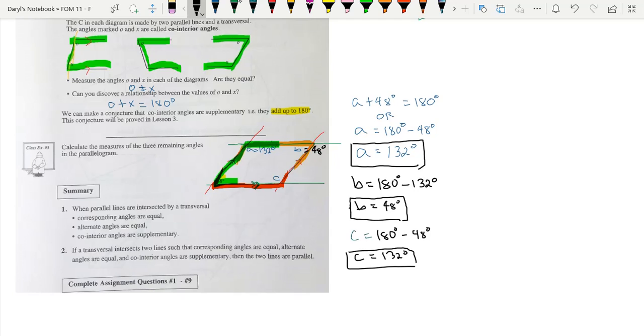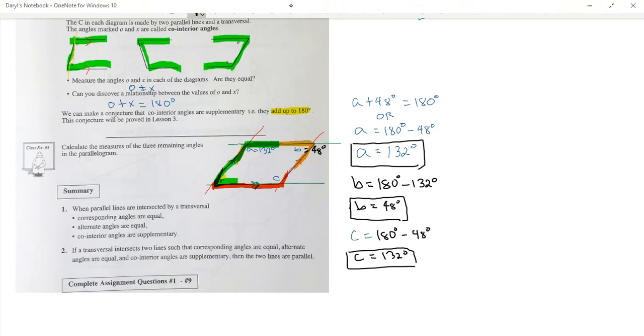So, let's see. Can we have a letter F here? Well, no, we cannot get the corresponding angle as well, I don't think so. Or letter Z. Yeah, we can maybe use letter Z here. We say that the other angle here is 132.